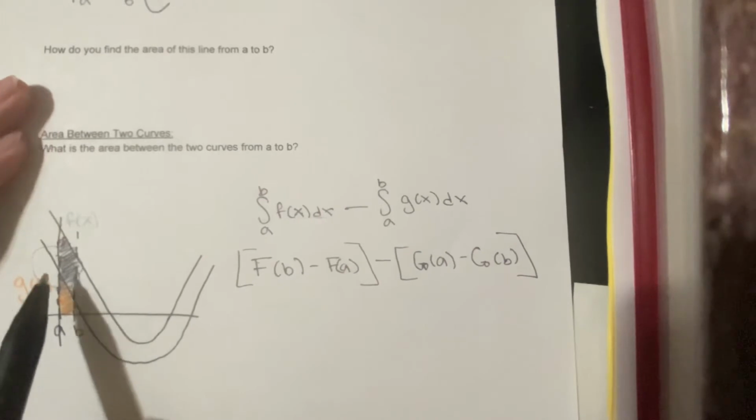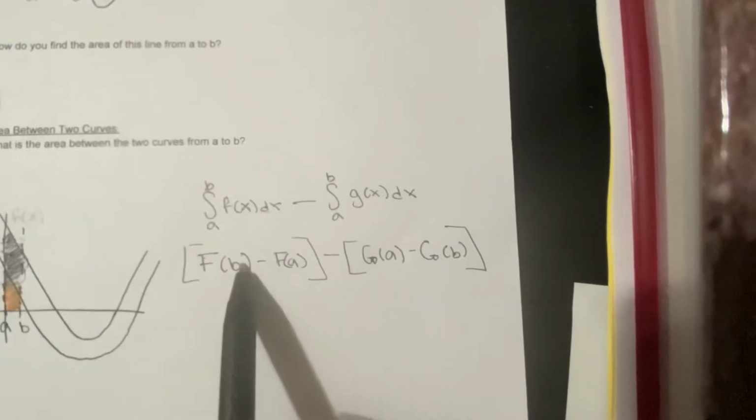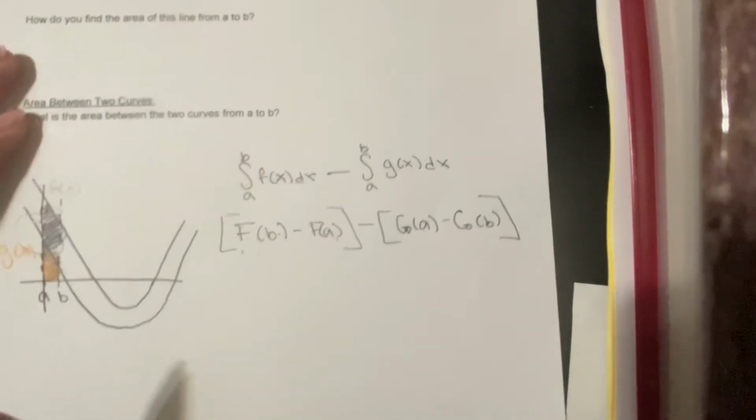So, to find the area between the curves, you would find the output of F of b and the output of F of a, and you would subtract from that the output of G of b minus the output of G of a. I know it sounds confusing, but we have done this before. It's just a little bit more complicated.